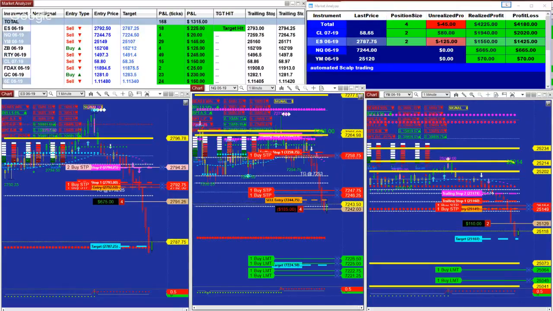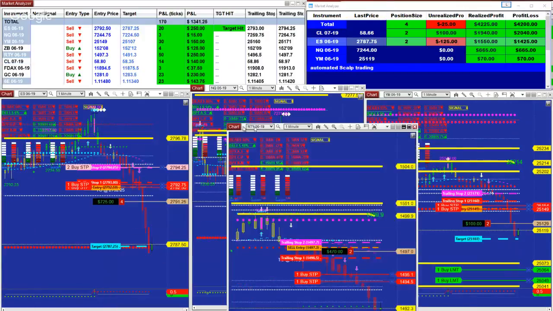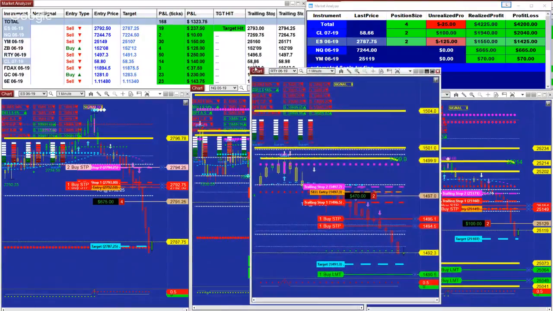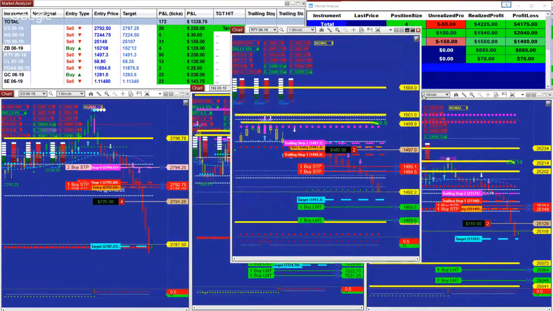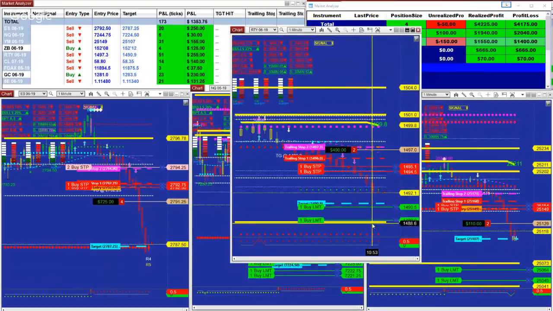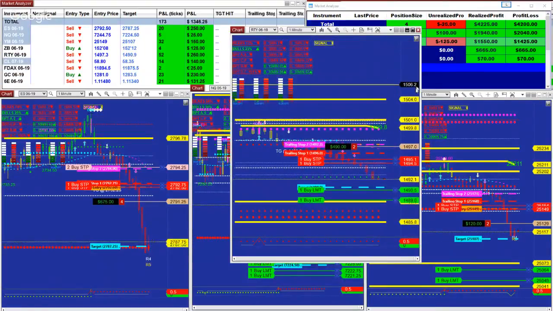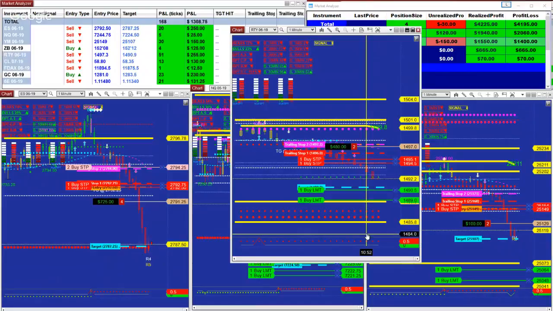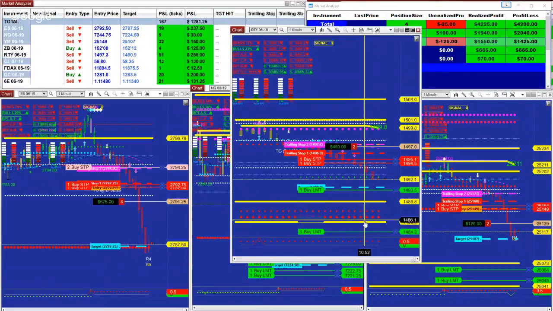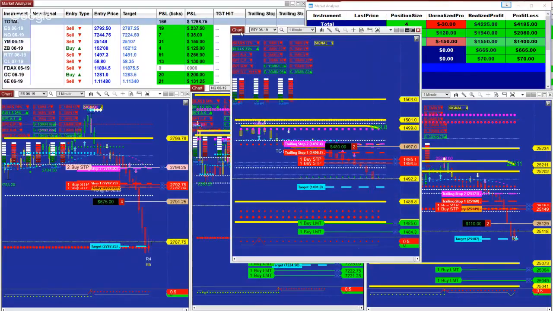I'm a little bit aggressive with the ES and NASDAQ, but okay, we have on the Russell target, we're about to hit the target, and we are going to extend it and see what will happen.